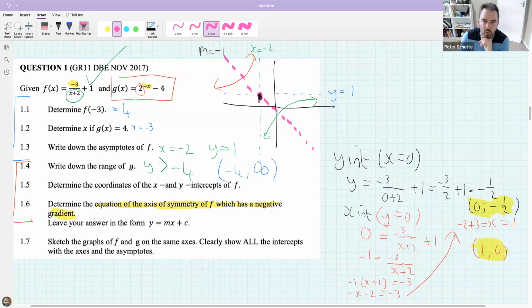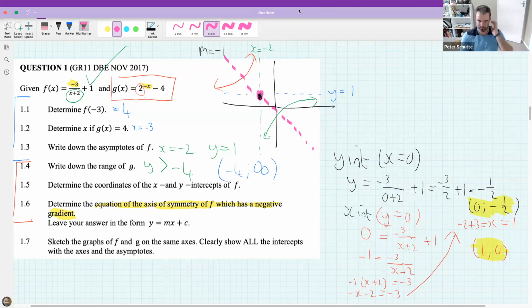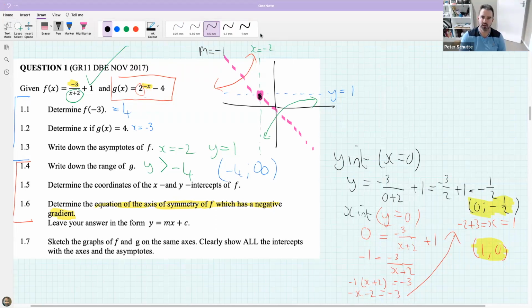Who can tell me the coordinate of this big pink dot here? So if I look at what it goes through, x is -2, and then it goes through y = 1.